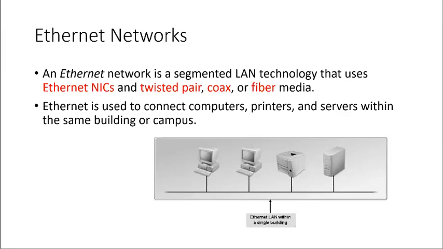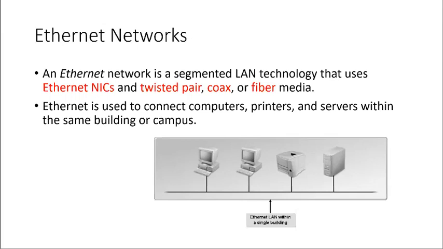We have different topologies: bus topology, mesh topology, star topology, ring topology, and so on. In Ethernet networks, bus topology was mostly used initially, in the earlier days, where the cables used were twisted pair, UTP or STP, coaxial cable, and fiber media.